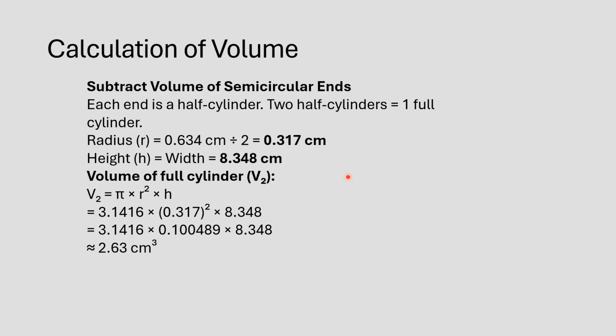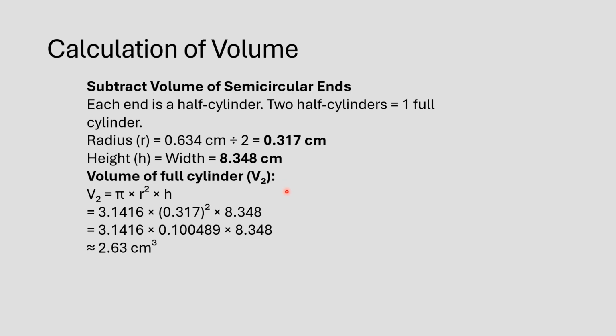Now we have to subtract off the semicircular ends. Each end is half a cylinder, so the two halves equal one full cylinder. The radius is the thickness, 0.634 centimeters, divided by 2, which is 0.317 centimeters. The height is the full length of the bar, 8.348 centimeters.